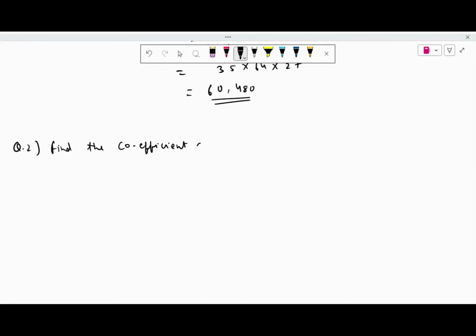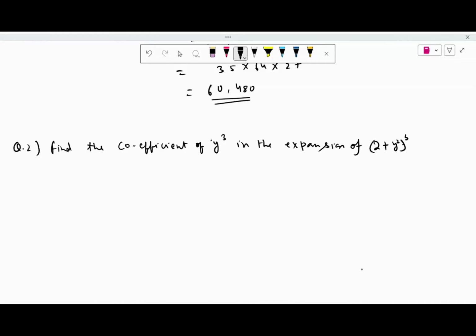Find the coefficient of y cube in the expansion of (2 plus y) to the power 5.